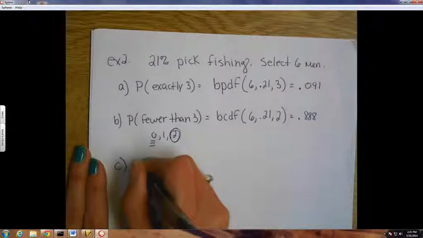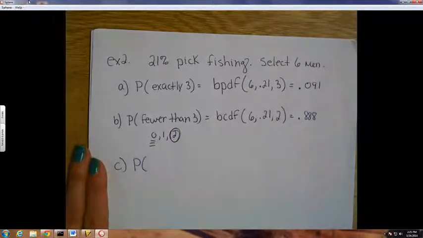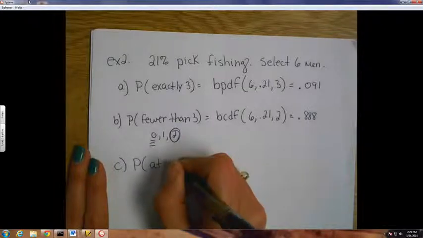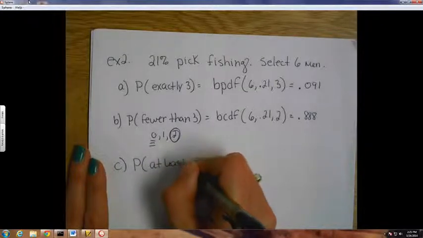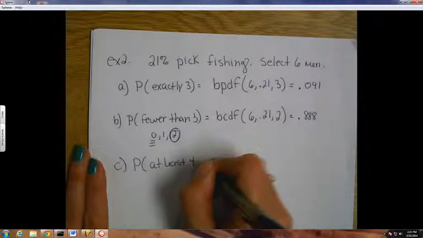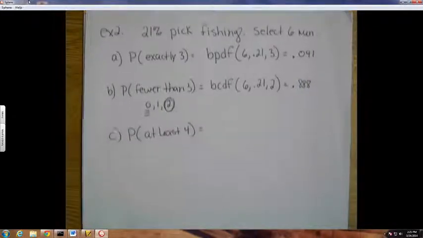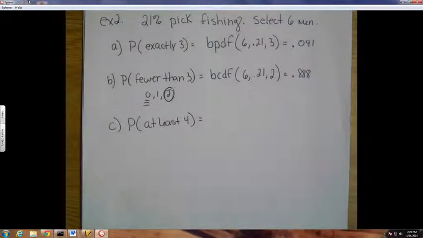What's the probability of getting at least 4 of the 6 men to say they like fishing the best? Tell me what numbers mean at least 4 in this case. 4, 5, 6. At least 4. Is 4 included in at least 4?